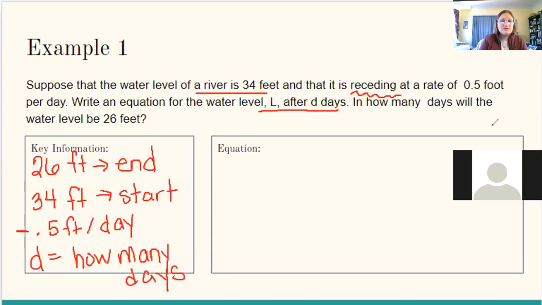So over here, one of the things I always tried to teach you guys in our last unit was don't just try to start writing the equation. Think about what's happening. We are starting with a river at 1 water level, right? The water level is going down by some number of feet per day.